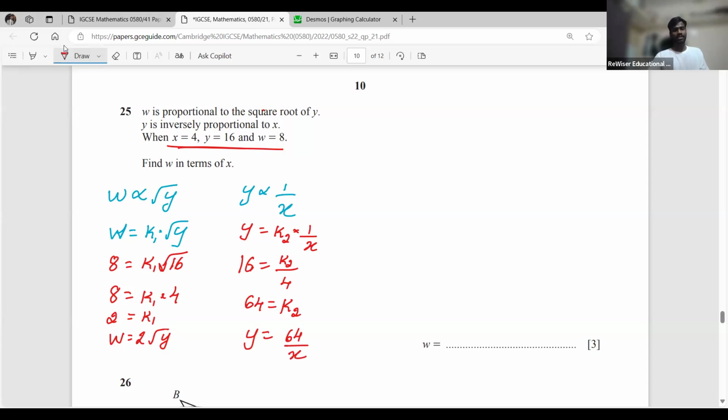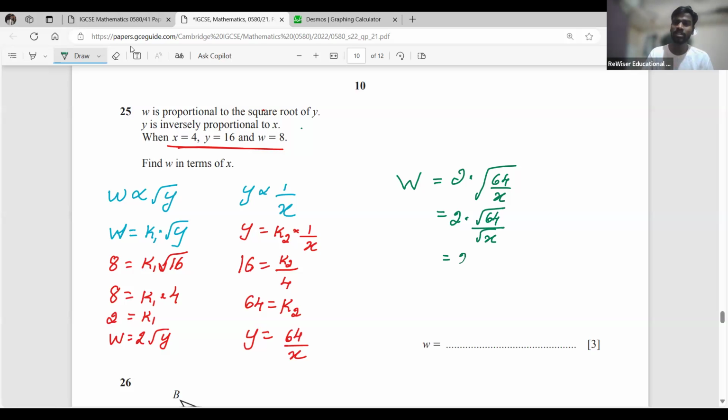Now we can substitute this here. That gives us w equals 2 times the square root of, instead of y, 64 over x, because we need to find w in terms of x. The square root belongs to both the numerator and the denominator, so I can write it as 2 times the square root of 64 divided by the square root of x.